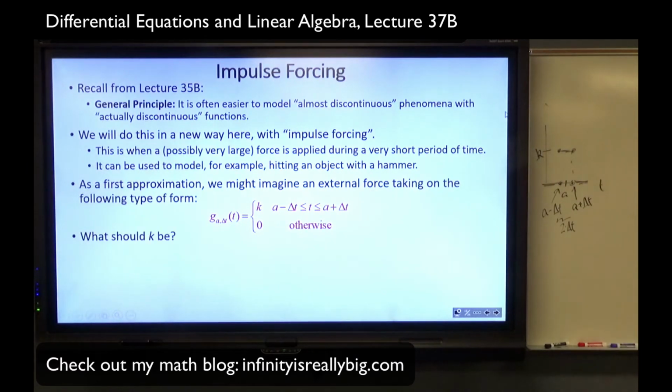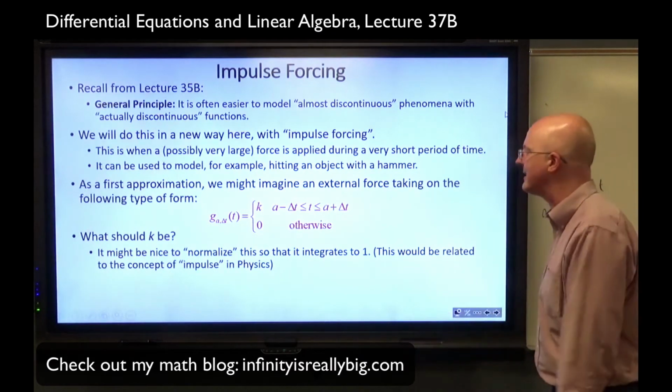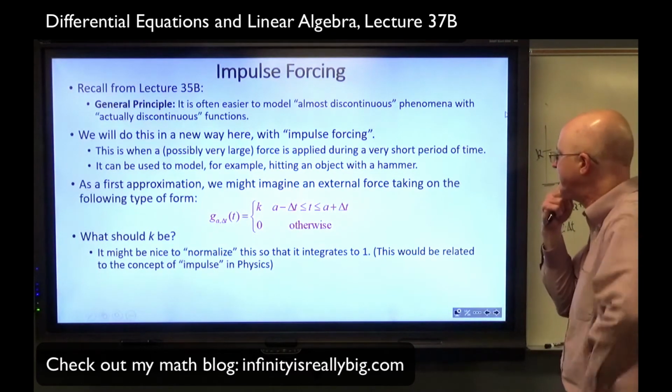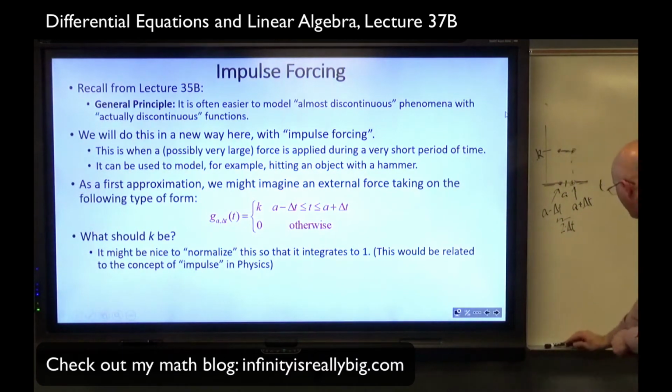What should k be? It might be nice here, at least in the initial mathematical modeling, to normalize this function so that it integrates to 1. So that the area under this graph, the area of this rectangle, in fact, equals 1.